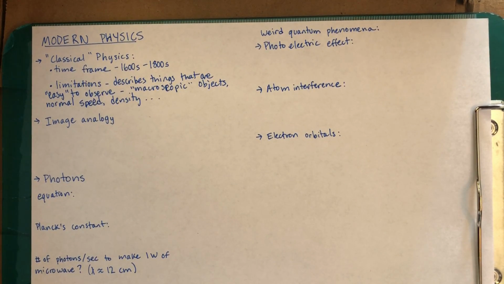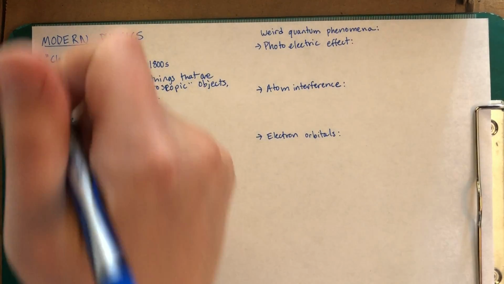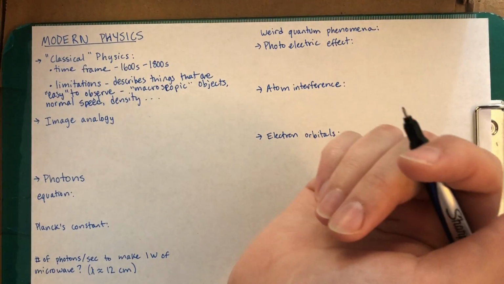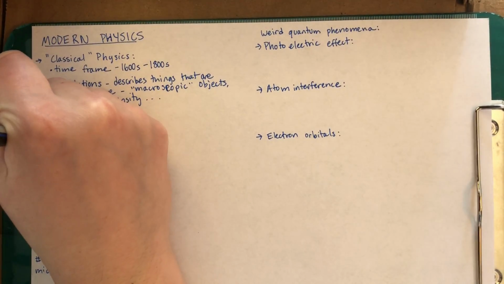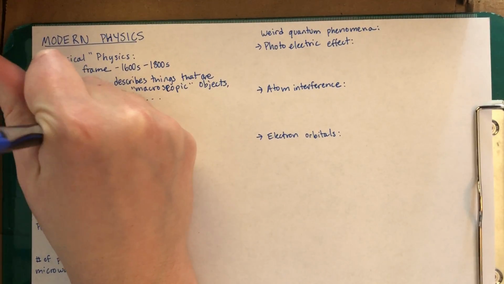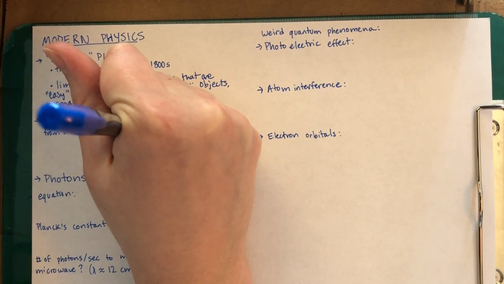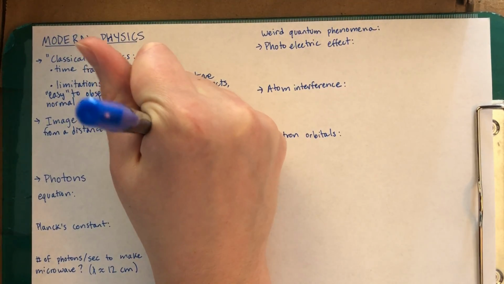Modern physics goes a little bit beyond this. And a good way to understand what's going on with this is to think about a computer image, a digital image. So if you look at a digital image from a distance, it will look like a smooth, realistic picture.